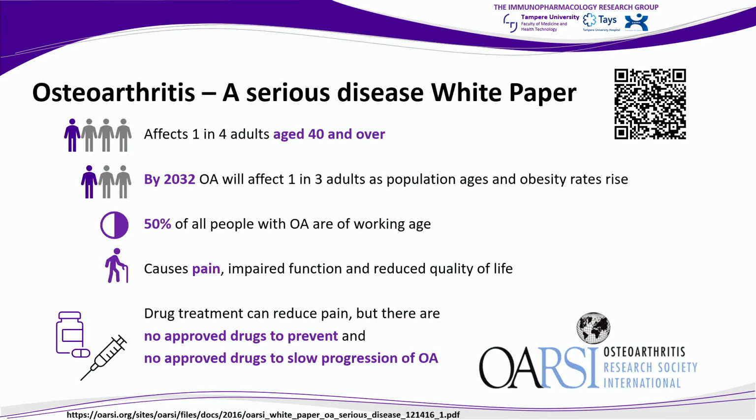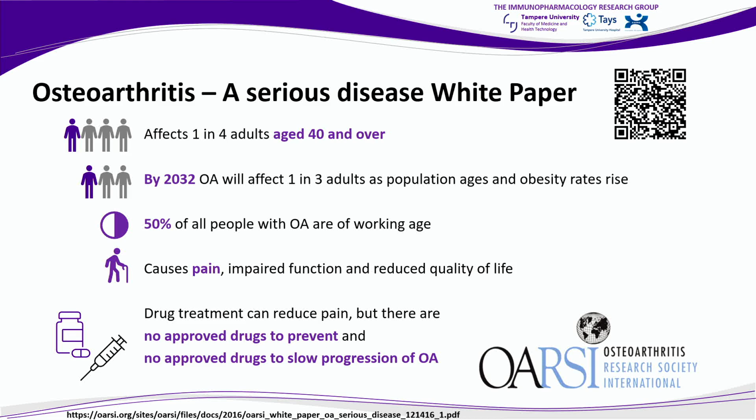But first, a bit of background about osteoarthritis and adipokines, and why to study them. These are facts from the osteoarthritis white paper that was published by OARSI a few years ago, showing the importance of this disease. Osteoarthritis affects 1 in 4 adults aged 40 and over.